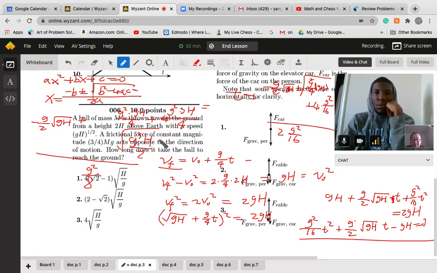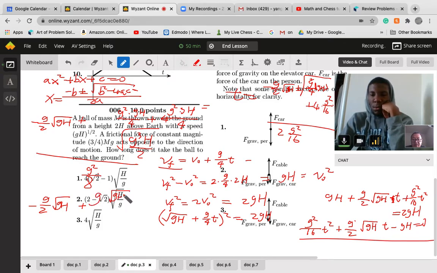Now let's simplify this one. First one is a negative g over 2, then square root gh. Second one, we can write this one as take a g out, g, then inside that's gh.